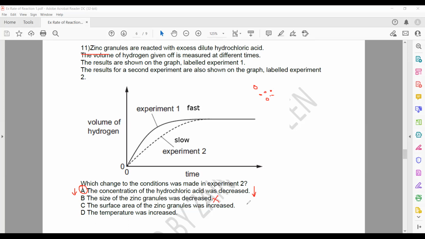The surface area of zinc granule increases: if its surface area increases, experiment 2 should be faster, but experiment 2 is slower. The temperature increases: if we increase the temperature, the reaction should be faster, but because the reaction is slower, it means we reduced the concentration. That's why A is the right answer.